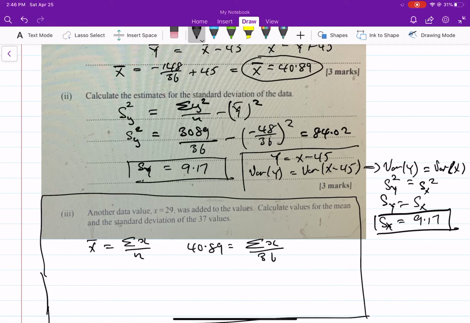So from this, 40.89 is sigma x over 36. If I cross multiply there, I'm going to get a value for sigma x.